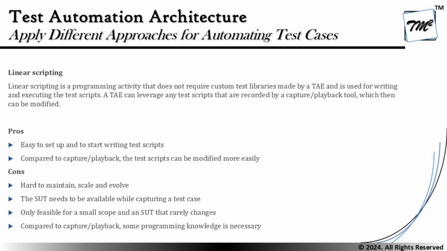So yeah, we need to just compare the benefits and the drawbacks of each of these methods and try to adapt them, to see what exactly would be the best applicable scenarios where we can make use of them. Now, if you think you need to start with a basic recording script so that you have the base script with you, and then you can do some minimum changes, that is what I call linear scripting, which would still give me what I'm interested in, but at the same time, I did not invest a lot of time writing the script from scratch.